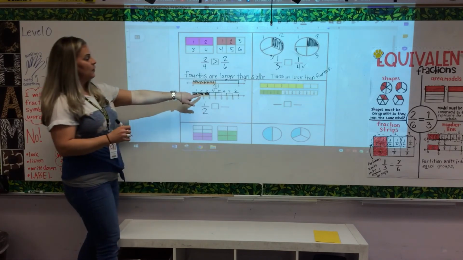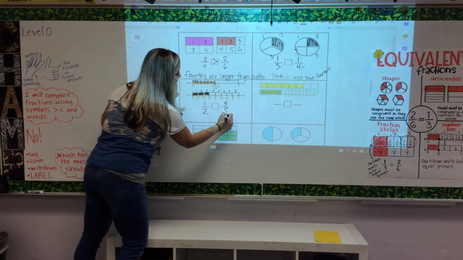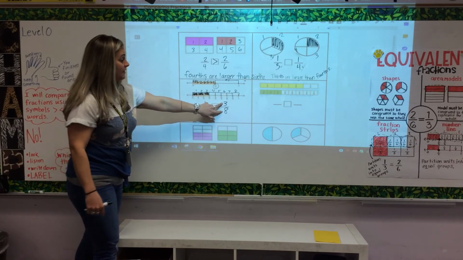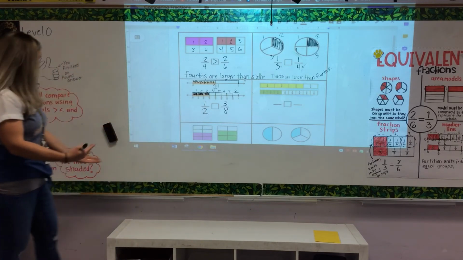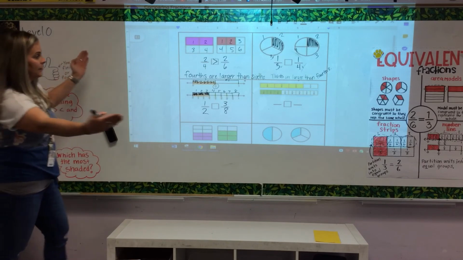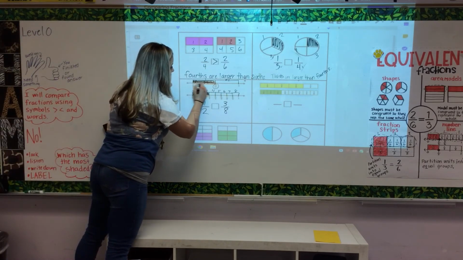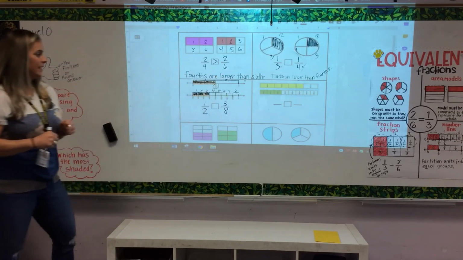Okay, so even though I colored in 3 pieces and 3 out of 8 pieces looks bigger, like these numbers are both bigger than this, which one has the most shaded on the entire number line? Well, obviously, this one has the most shaded because it goes all the way to there, right?